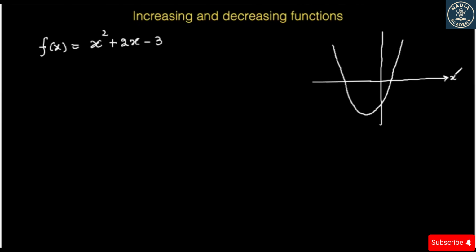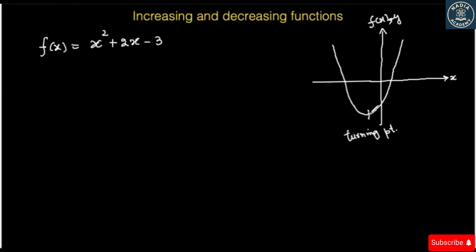So we have the x-axis here, and here we have f of x, or you can also call it y. Now you can see that if we increase our x value from positive infinity, this number is decreasing, and it is decreasing up to the turning point. So up to the turning point, this function is a decreasing function.